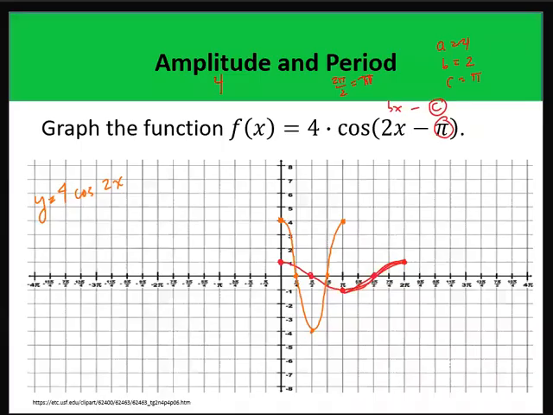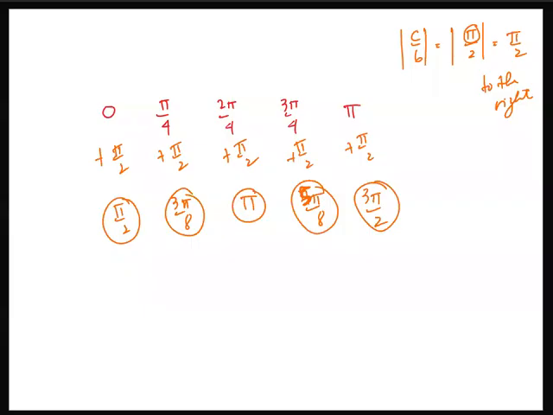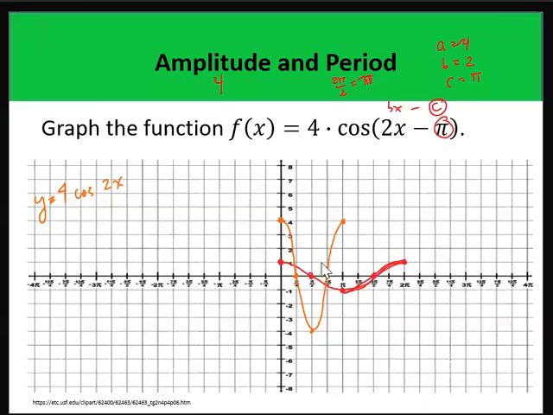Okay, so all these 5 points on the orange graph will be shifted by pi over 2 units. So if you are going to use another color for that, then at x equals pi over 2 we have the value of y as positive 4.